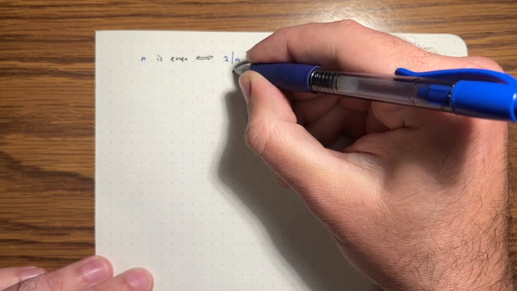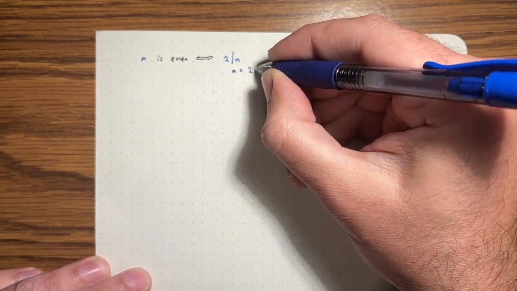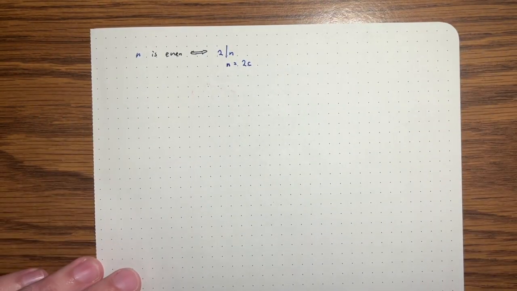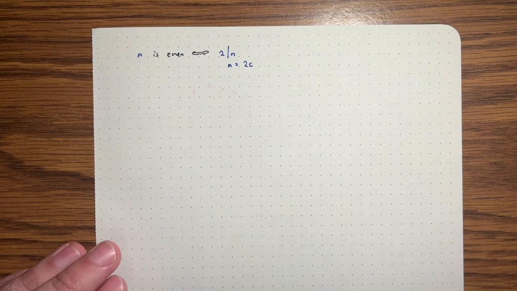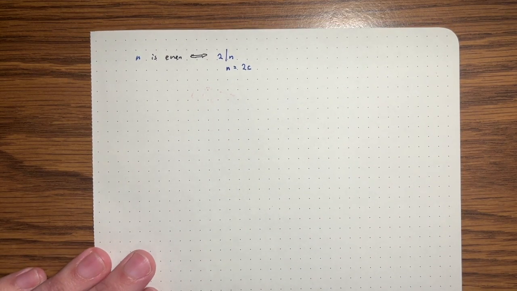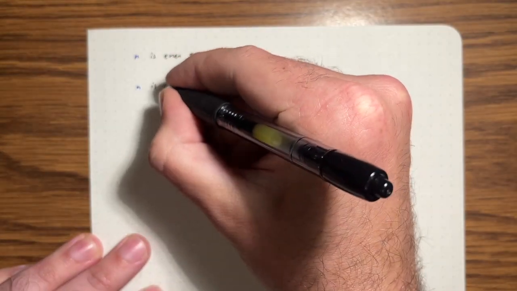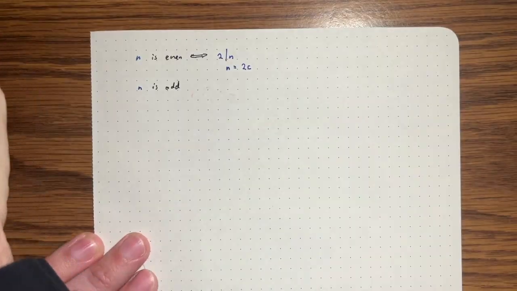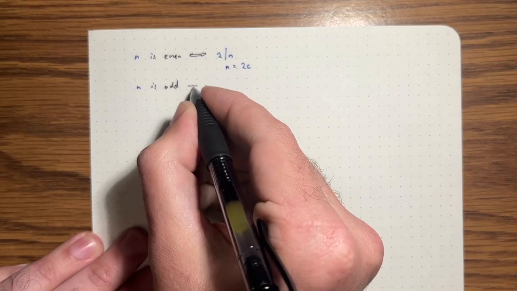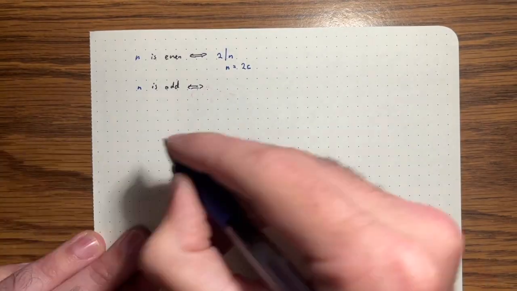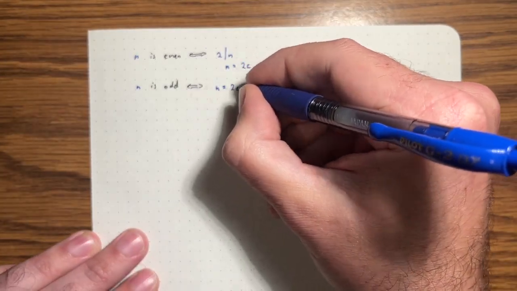Which is saying, n is 2 times some integer. 2 times c. Okay? And then odd, so n is odd. The way to think about odd is n has the form 2c plus 1, let's say.